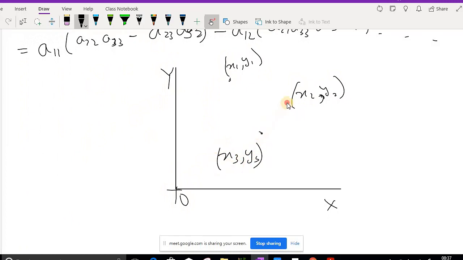So you know how to plot these points. Okay, this is the thing. So this is the area of the triangle. This area we want to find.